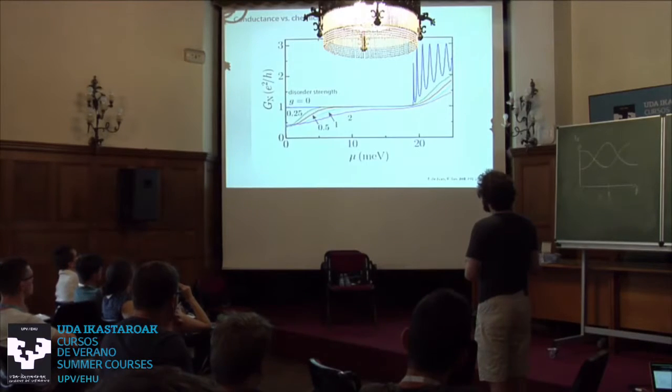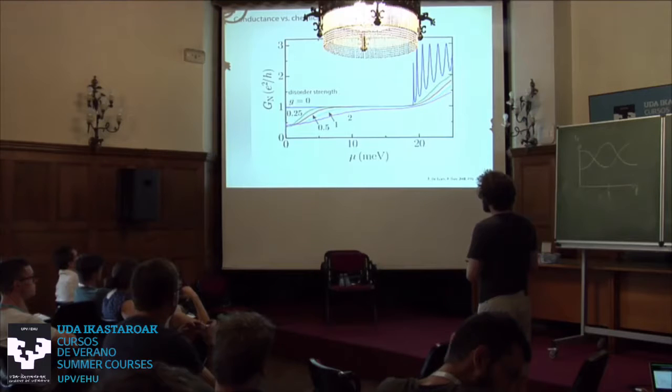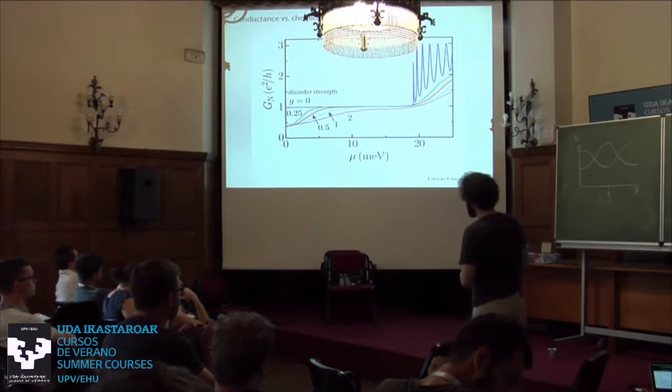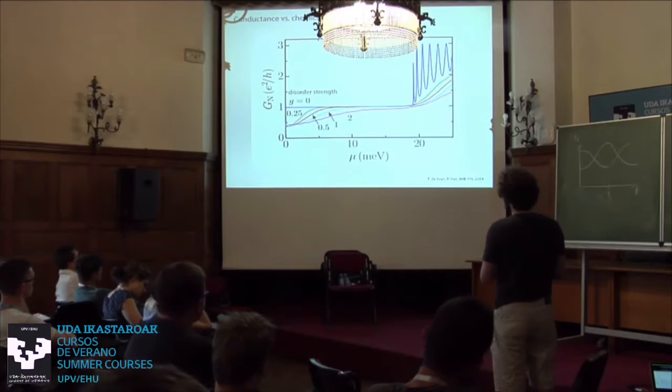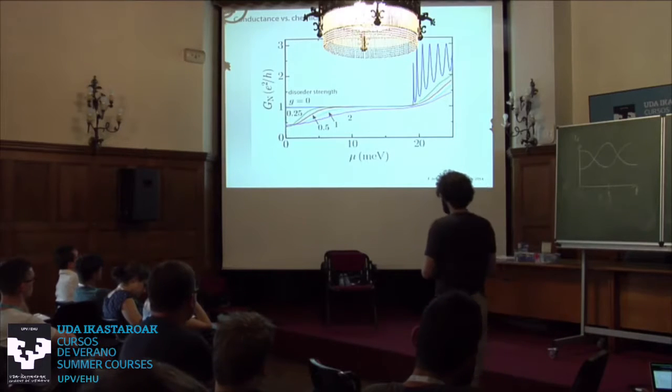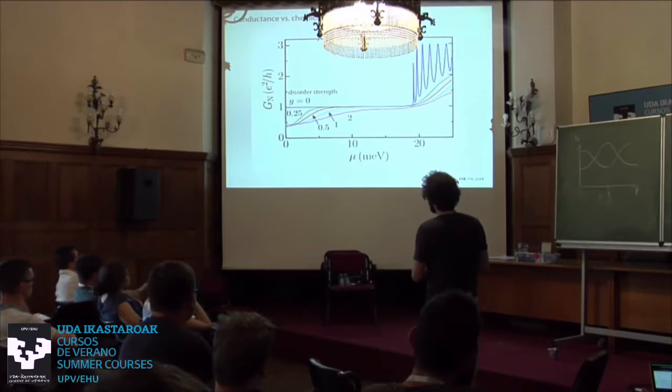And if you add disorder, then for reasons which I'm not going to discuss, but it's quite interesting, close to the Dirac point, you actually break that chiral mode. Basically, you get scattering from disorder, but there is a large range of chemical potentials where you get perfect transmission. So this is for different disorder strength. This is very strong disorder. This is weak disorder.